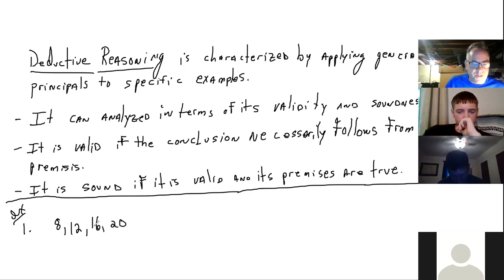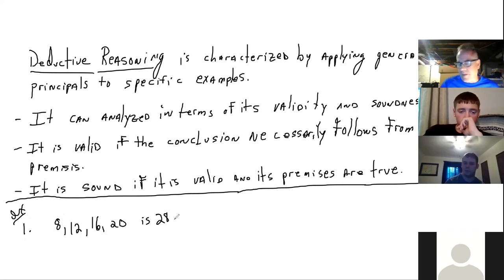And then it says, all right, so the next number in this pattern is 28. Which seems reasonable, but again, what's important here is this is an example. If I say the next number in this number pattern is 28, am I using inductive or deductive reasoning? And the answer here is inductive.